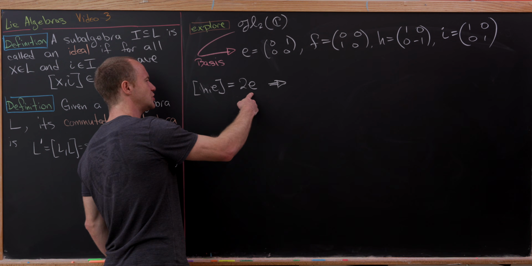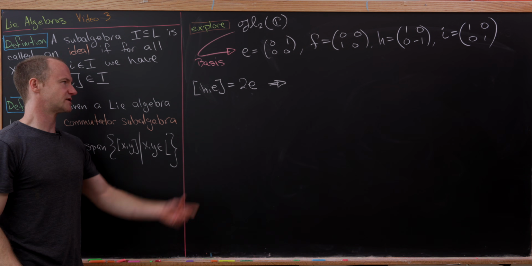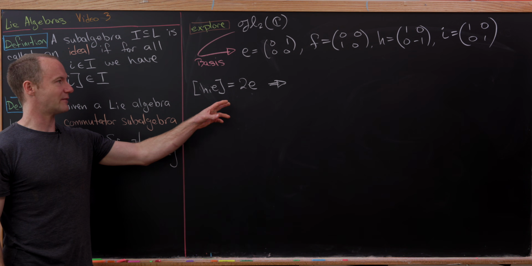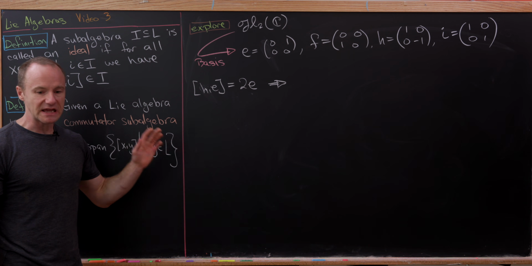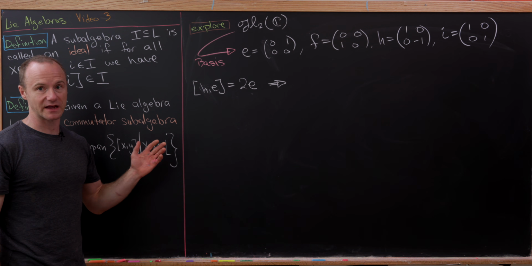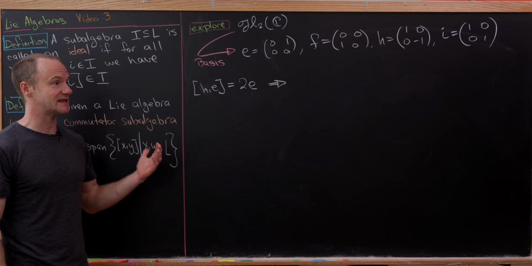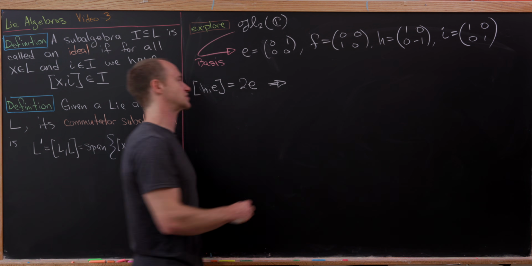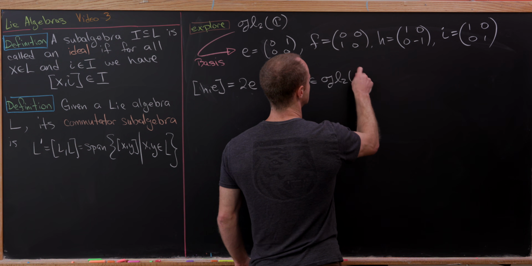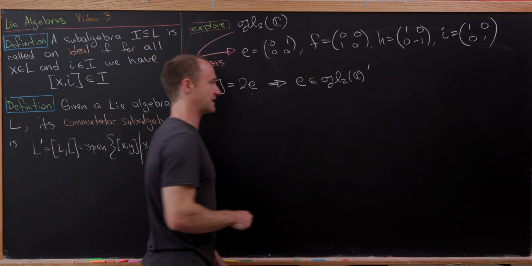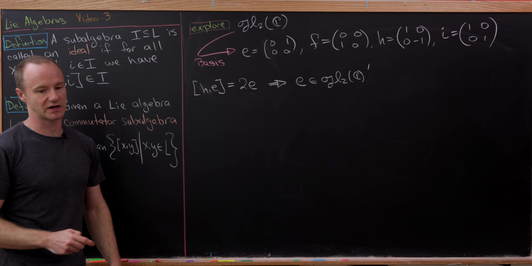But if 2E can be written as a bracket, then E can too, just by dividing both sides by 2. And E being written as the bracket of two elements means that E is in the commutator subalgebra. So we would write E is in GL2C prime, like I said, the commutator subalgebra.